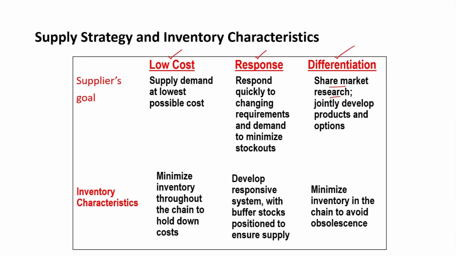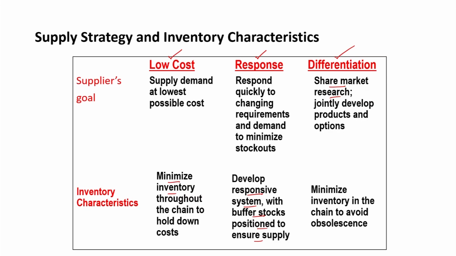If the idea is a low cost supply chain, I can minimize the inventory. Whereas in case of response, where I want a very quick response to market requirements, I can develop a responsive system with buffer stocks positioned at strategic positions to ensure the supply.